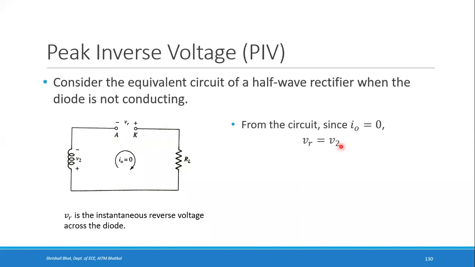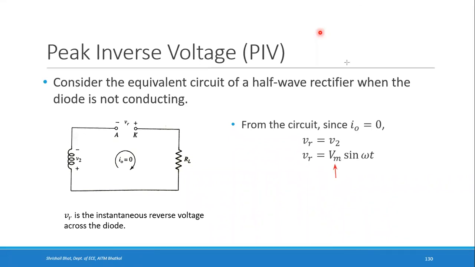Now what is V2? V2, we have seen, is a sine wave. It is Vm sine omega t. Whatever the peak value of this V2 is, it is the peak value of VR, and that is the peak inverse voltage. So what is the peak value of this particular signal? It is Vm.